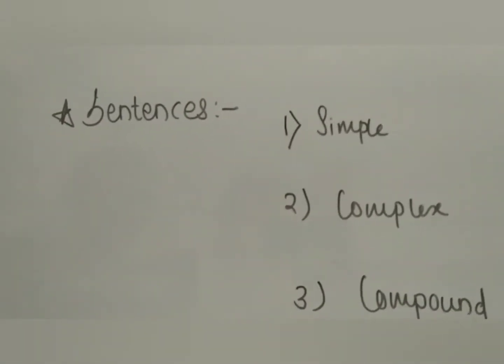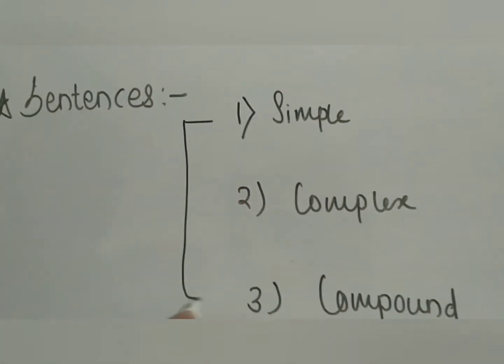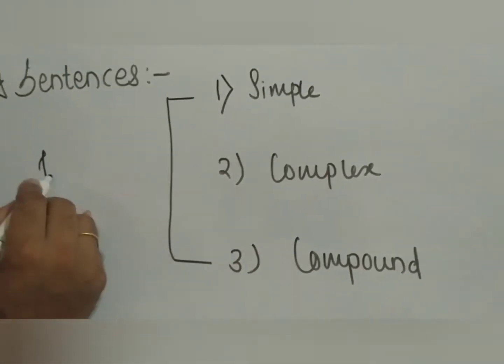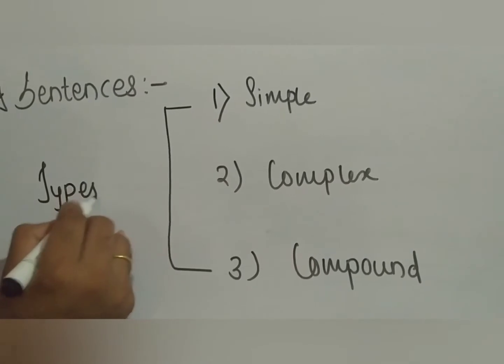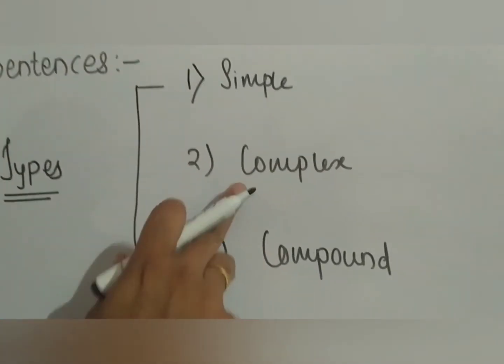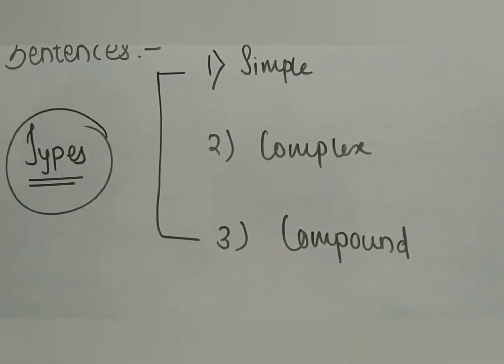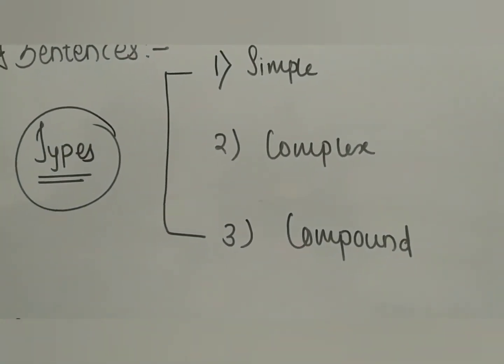Dear friends, now there are three types of sentence. First is simple, then complex, and compound. So these are the three types of sentences.